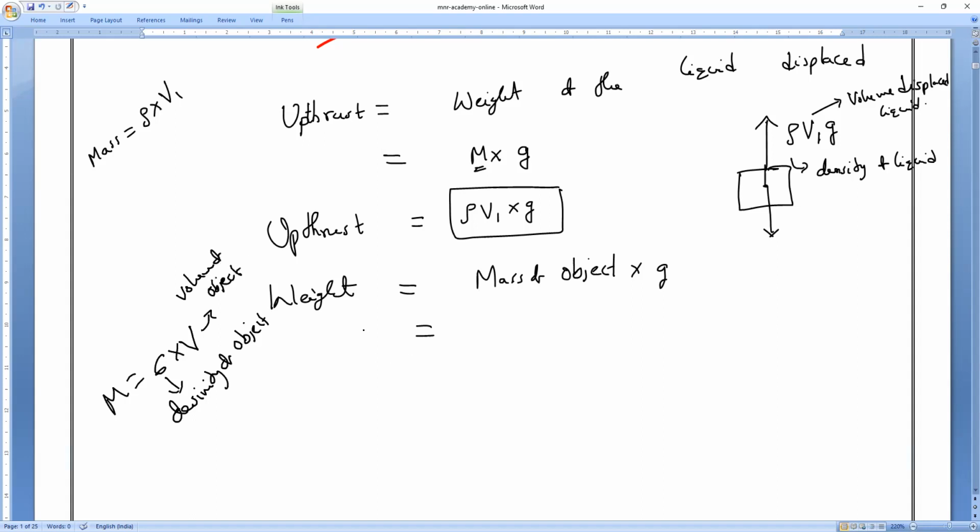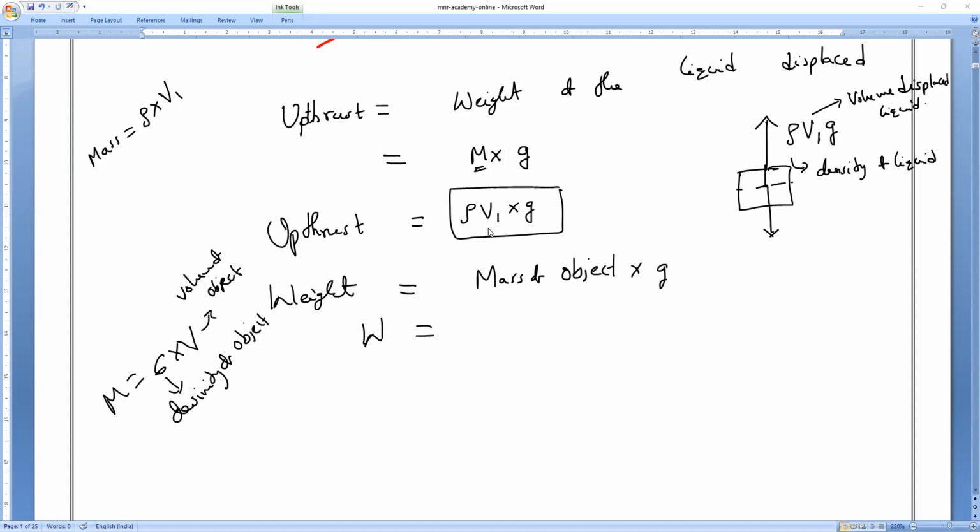One doubt, sir. In weight, we are talking about the density of displaced liquid? No. In weight, we are talking about the immersed object. Buoyancy force is related to liquid.